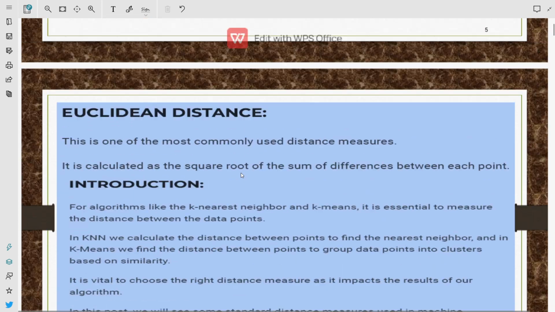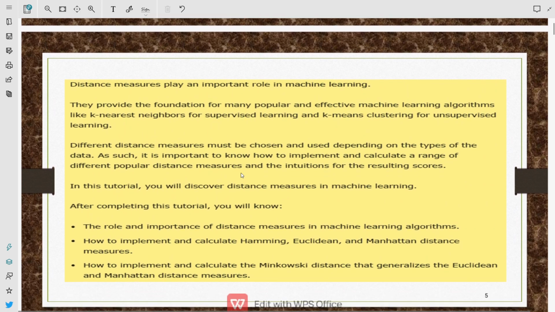We have different types of distance measures such as Euclidean distance, Manhattan distance, Hamming distance, Minkowski distance, Jaccard distance, and cosine similarity. These are some distance measures which we use in machine learning as well as in daily life also. Distance measures play an important role in machine learning.